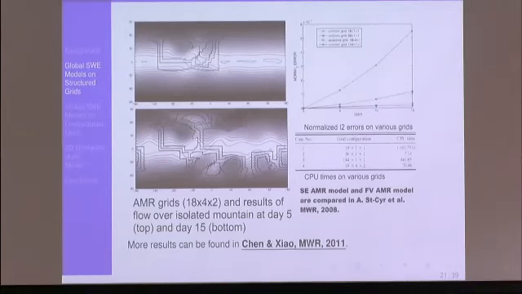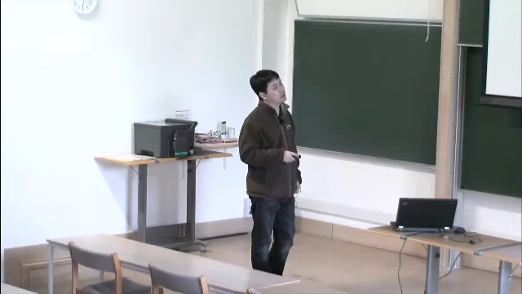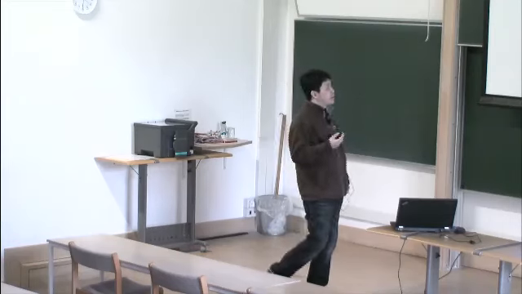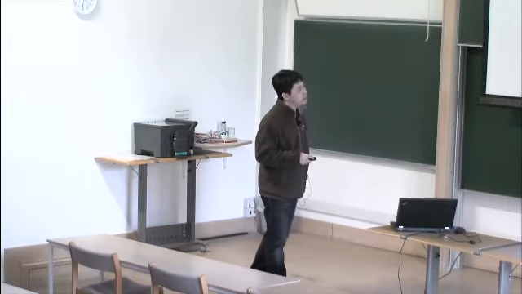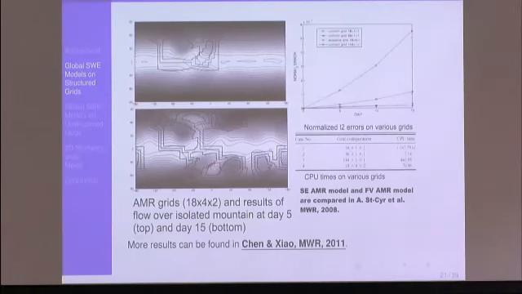So the difference between the errors is very small. The same test has also been run in this paper by using a spectral element AMR model and also a finite volume AMR model.